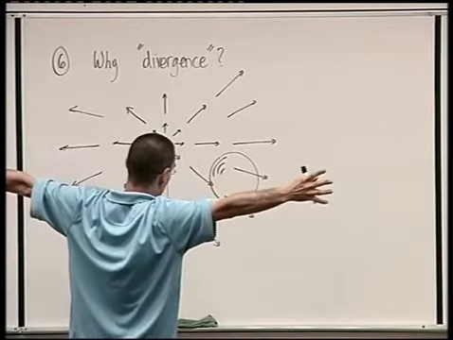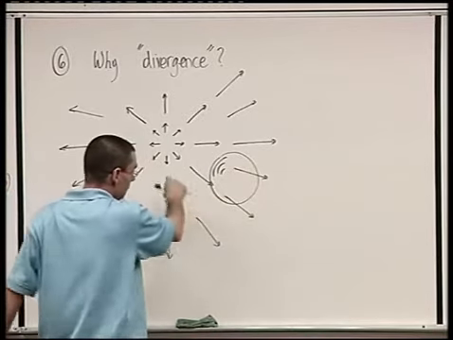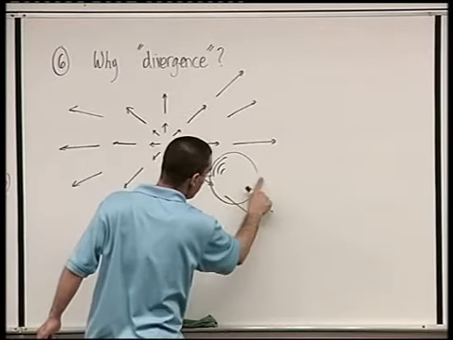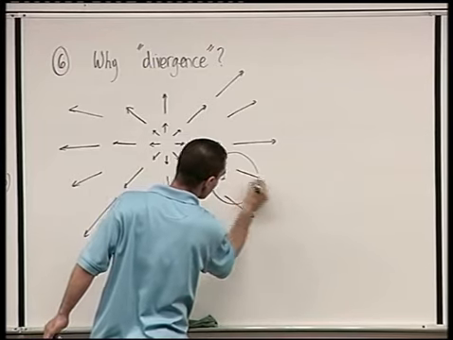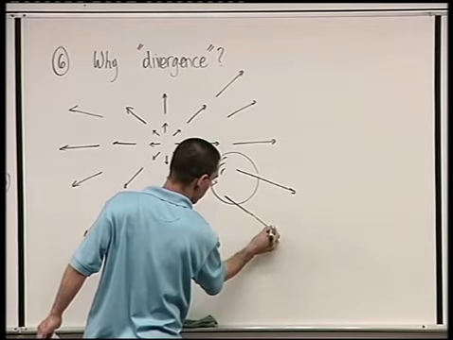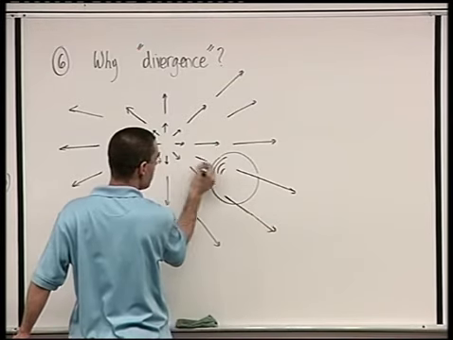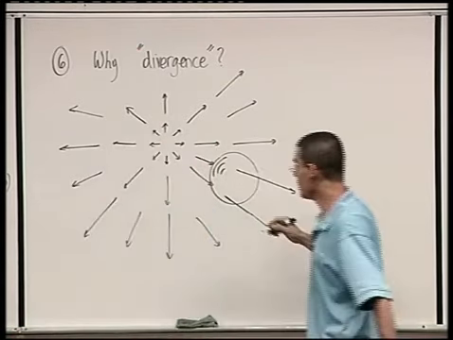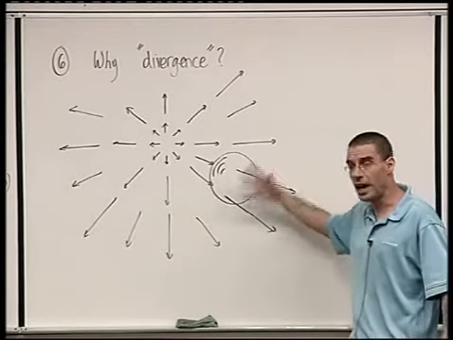These arrows become larger and larger as we go out. So the arrows coming out are bigger than the arrows coming in. So the flux is going to be positive.